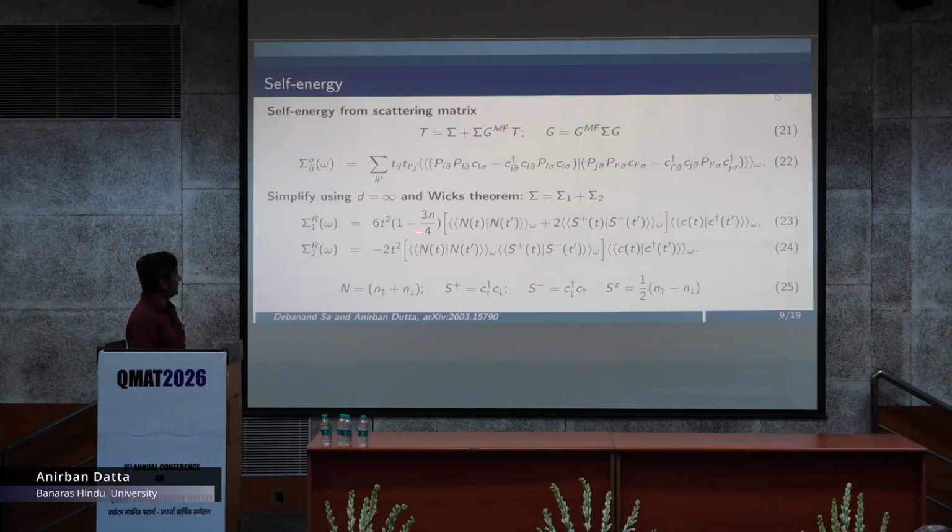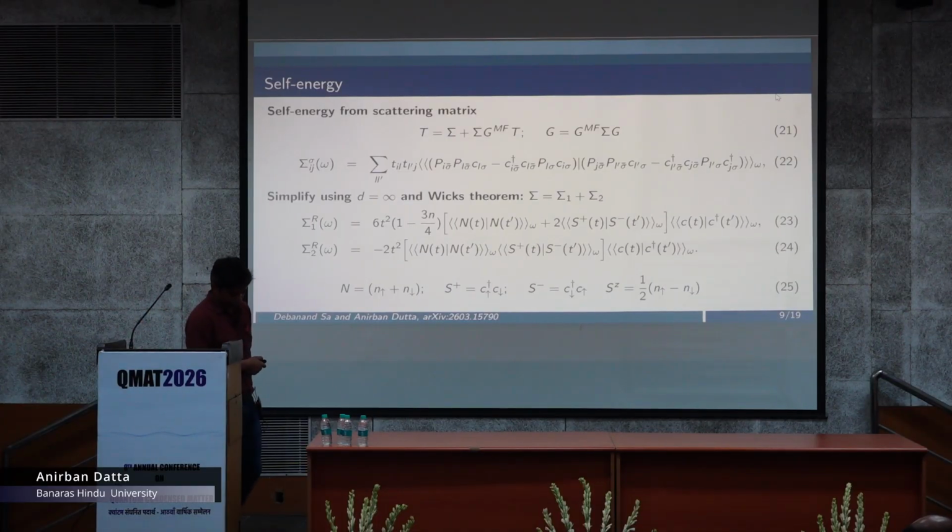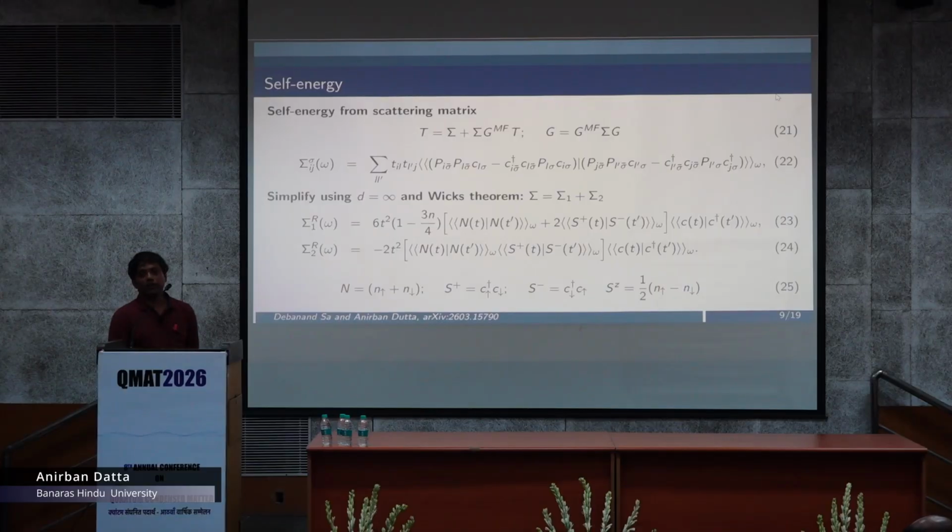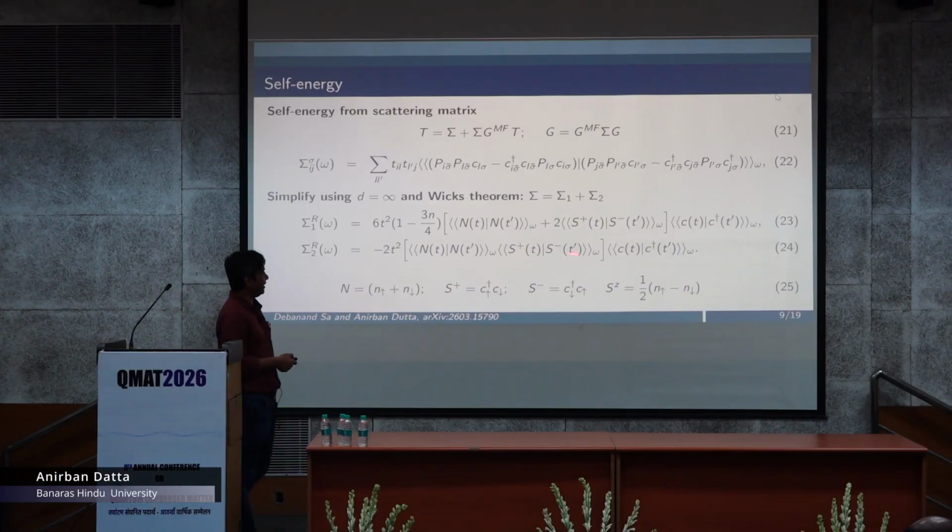We can see that the self energy contains susceptibility, which are spin and charge correlation functions. We can go to the infinite dimension, and then add mean field theory to simplify further. We want to solve this only for the paramagnetic metallic phase, since we are interested in the strange metal phase.